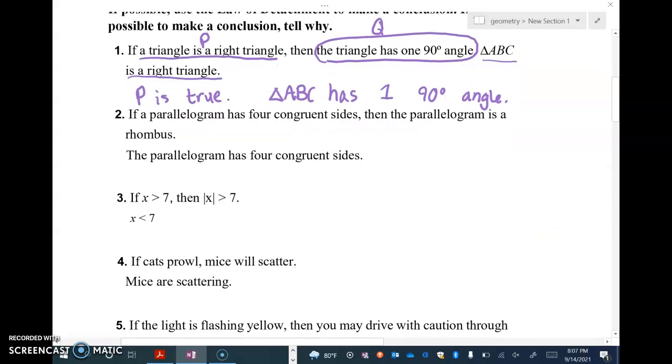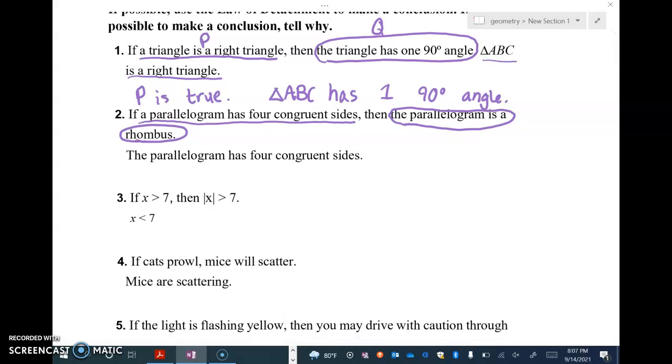Let's look at number 2 now. If a parallelogram has 4 congruent sides, then the parallelogram is a rhombus. So the parallelogram is a rhombus will be our Q. Now it's telling us the parallelogram has 4 congruent sides.